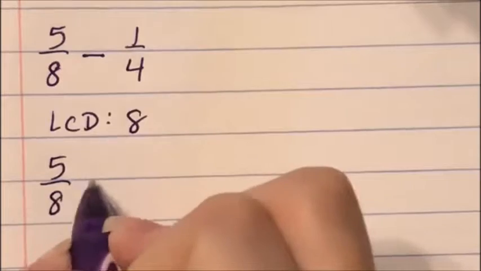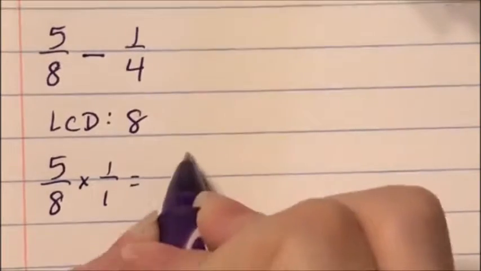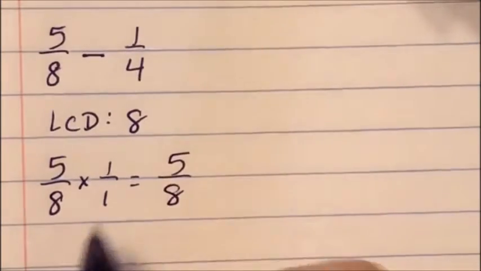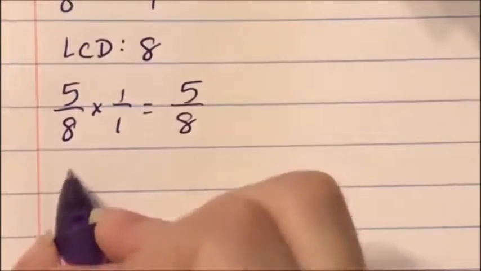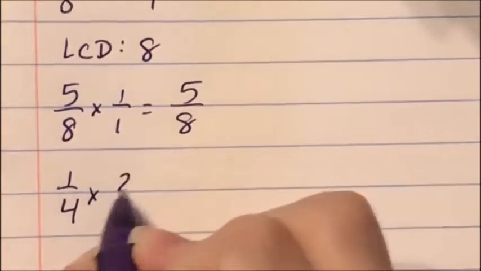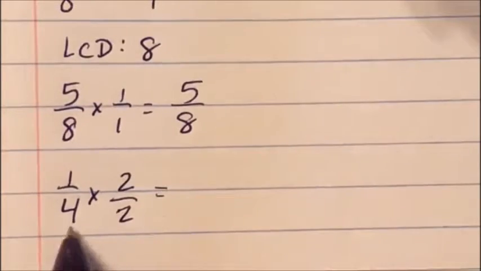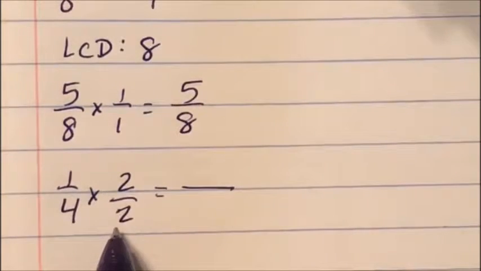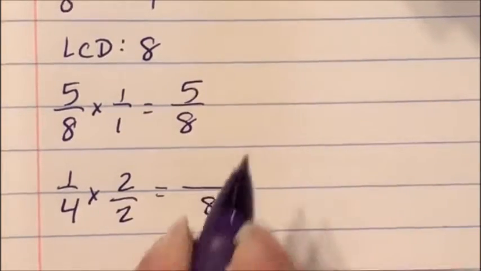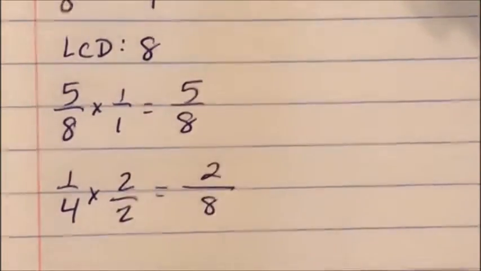So 5/8 I didn't have to do anything to. I just multiplied straight across by 1. 1/4 I did have to change. I need to multiply by 2. Remember, whatever you do to the bottom, you have to do to the top. 4 times 2 is 8. 1 times 2 is 2.